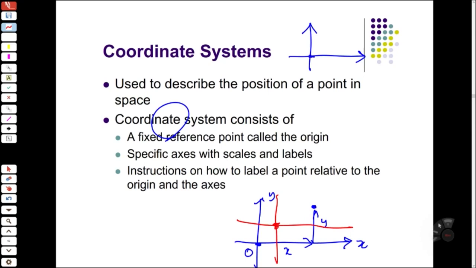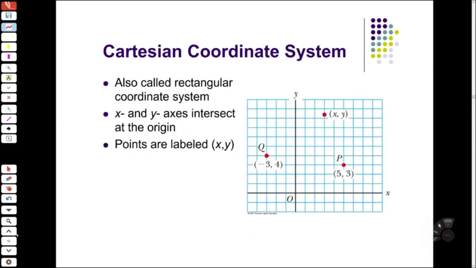At any point you can take the reference point, and then in this coordinate the x coordinate will be here and the y coordinate will be this much. Here you have 3 points, and a reference point is chosen here. So here is P at x, y, an arbitrary point. Here is minus 3, 4. So it's 1, 2, 3, and 1, 2, 3, 4.